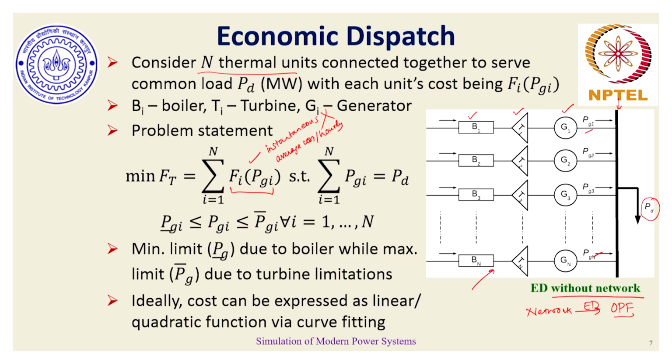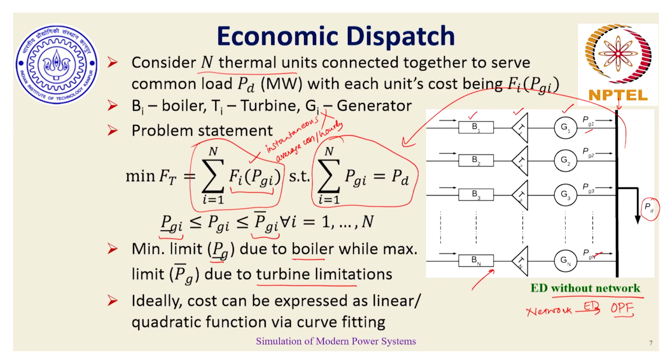The objective in economic dispatch is to minimize the cost of generation while ensuring that all these generations match the load, because we don't have the network in place. Also, each generation should be within its minimum and maximum limits. The minimum limit comes due to boiler considerations, whereas the maximum limit comes from how the turbine can operate.